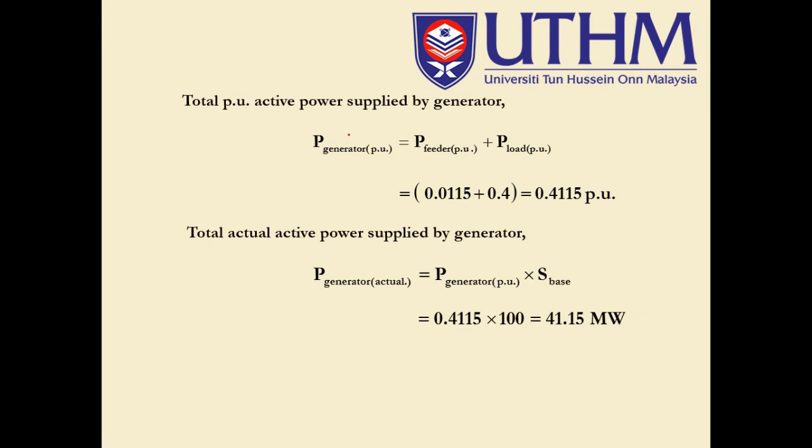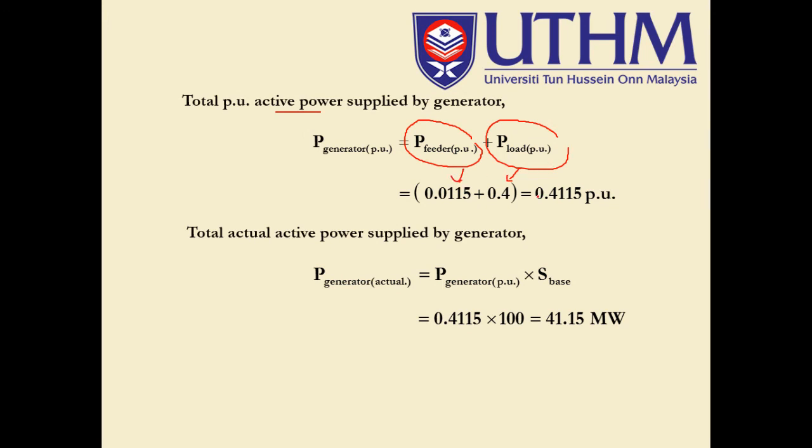So the total PU active power P supplied by the generator is the transmission line or feeder plus the P load. So we have 0.0115 plus 0.4. This is for P PU.